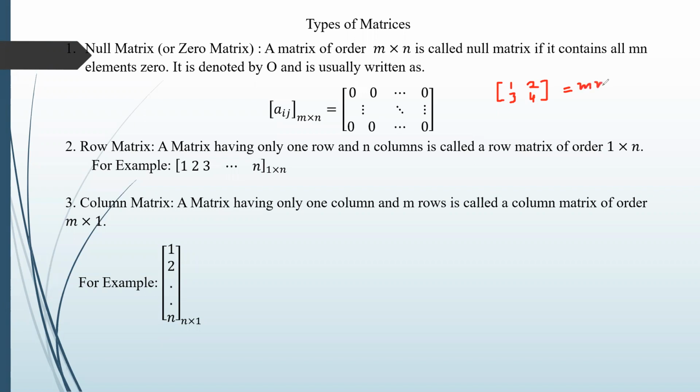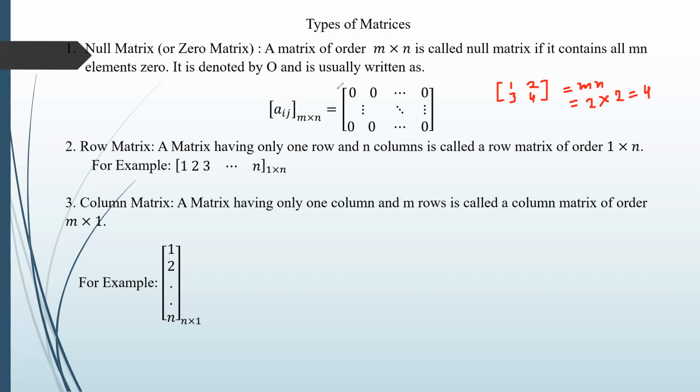Here m is the number of rows and n is the number of columns. Here there are two rows and two columns. So the number of elements in this matrix will be 2 multiplied by 2, which means 4. So you can find the total number of elements in a matrix by using this.